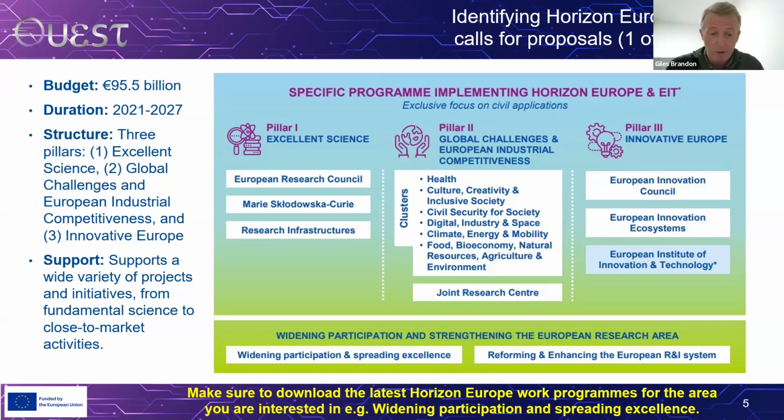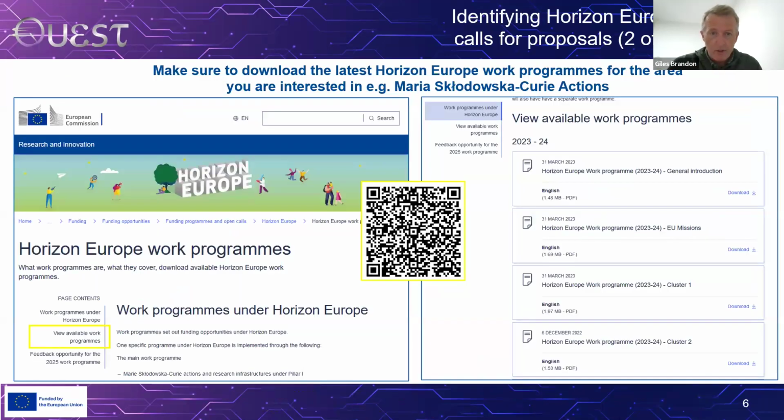Now, of course, if there's a particular sub-program you're interested in, you need to download what is called the work program for that area. So how can you go about doing that? On this slide, the QR code in the middle will take you to precisely the web page of the European Commission where they have the official Horizon Europe work programs.